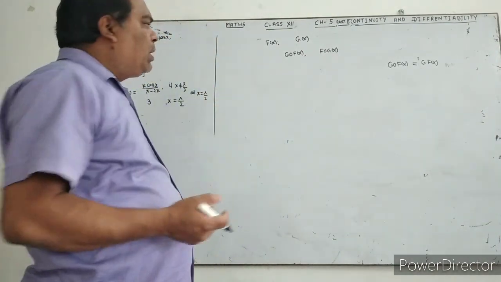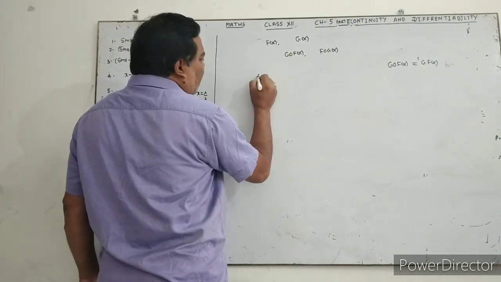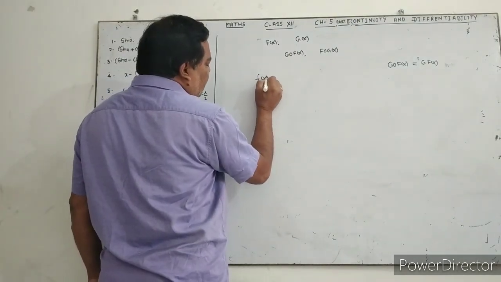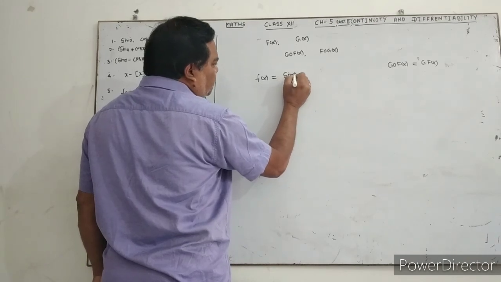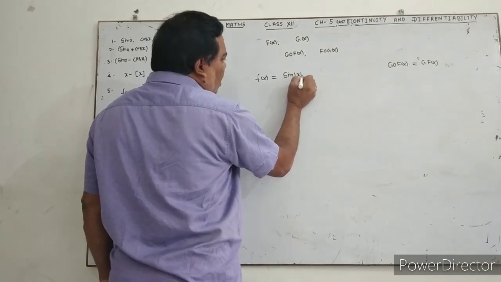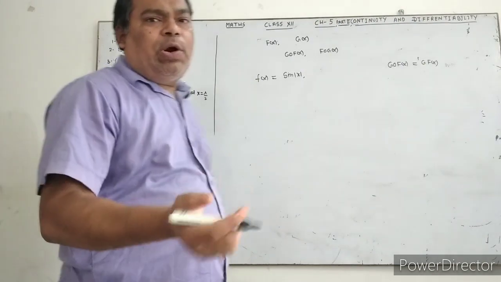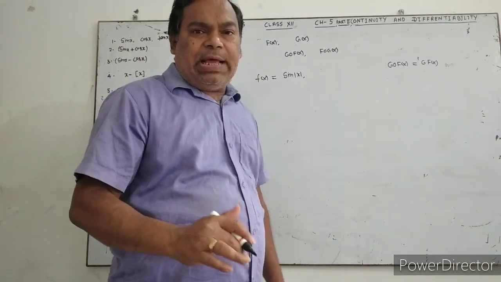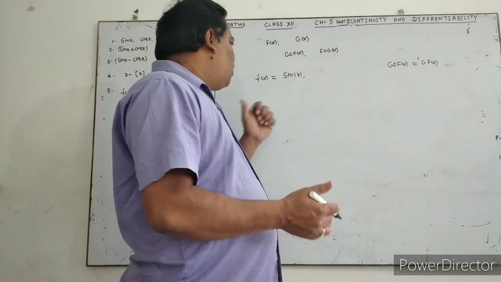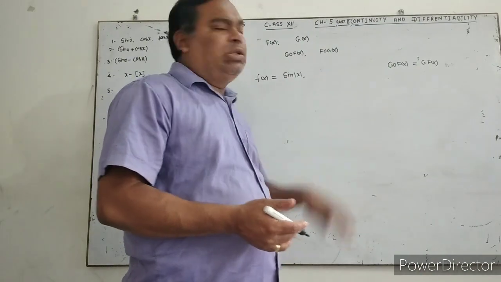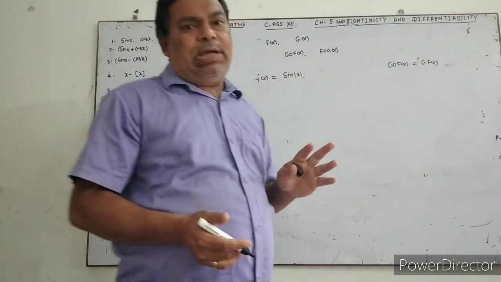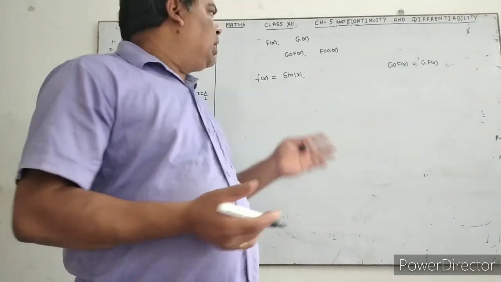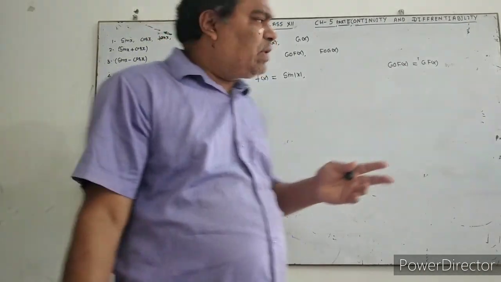Suppose, one example, f(x) is sin mod x, or cos mod x, or mod sin x. Then how can you do it? Then you use this theorem. If f(x) and g(x) are continuous functions, then the composition is also a continuous function.